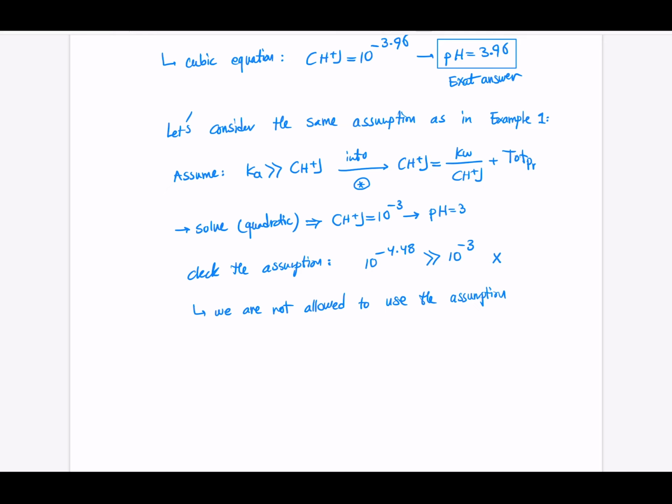If we would do that for the previous example, it would be wrong because the concentration of hydroxide was not much smaller. It was 10 to the minus 7 and 10 to the minus 7. But in this case, I would still get 3.96. So that's a valid assumption.